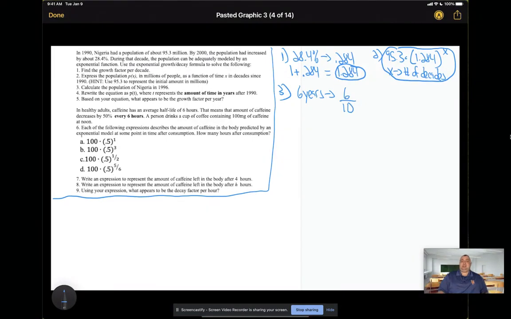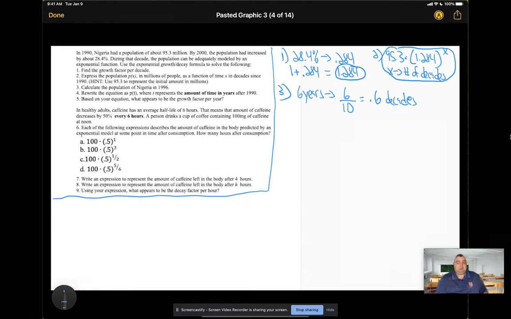Because 20 years, if I divide that by 10, is 2 decades. 30 years, 30 divided by 10, that's 3 decades. So 6 years, 6 divided by 10 is 0.6 decades.